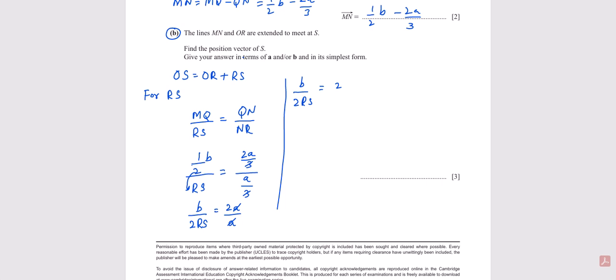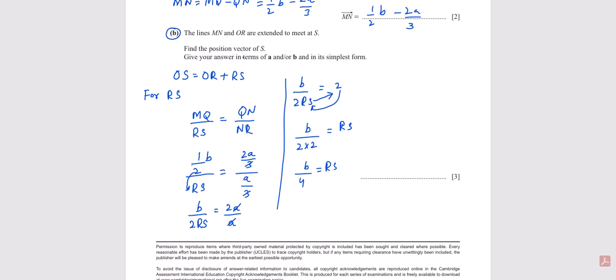We find RS: shifting to this side, 2 multiplied by 2, B over 2 multiplied by 2 is equal to 4, so that is equal to RS.